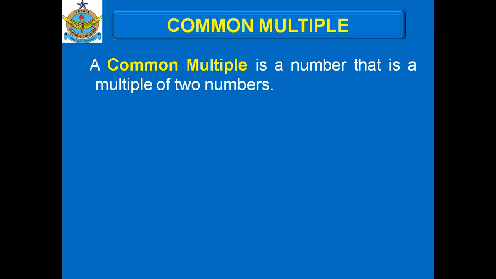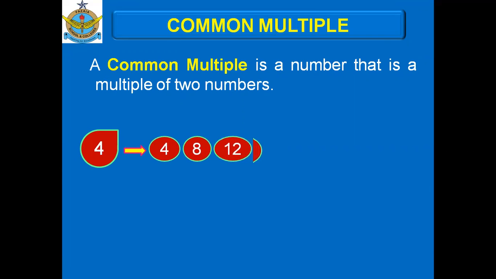A common multiple is a number that is a multiple of two numbers. This is the definition of a common multiple. And here is the example. Here I write down some multiples of 4: 4, 8, 12, 16, 20, 24.